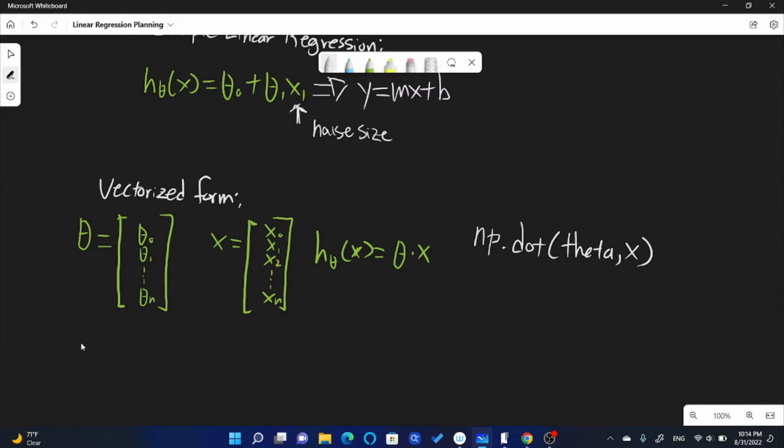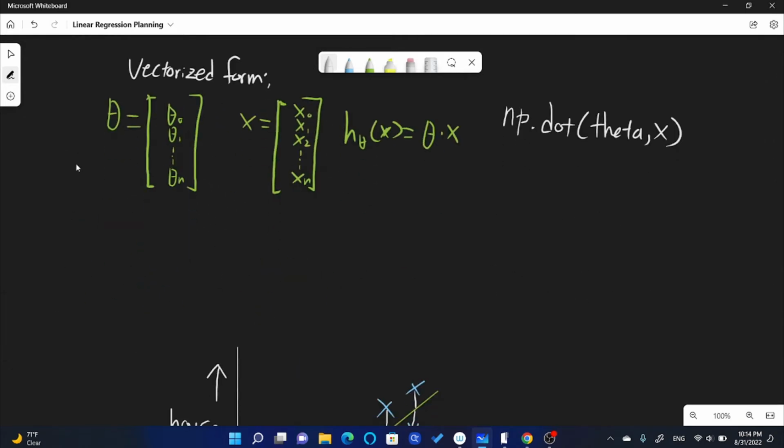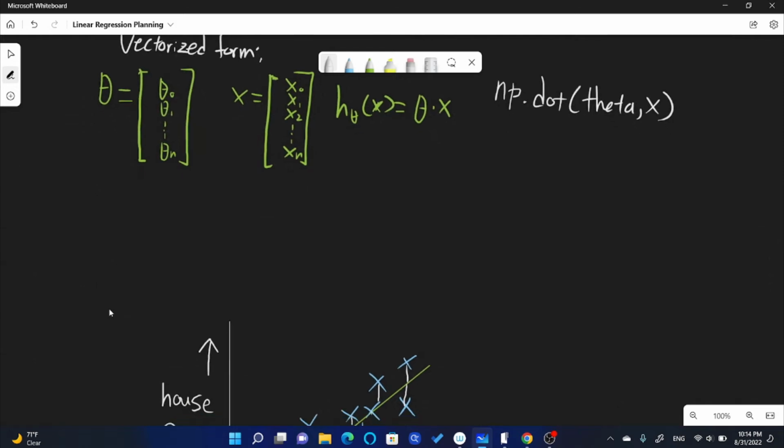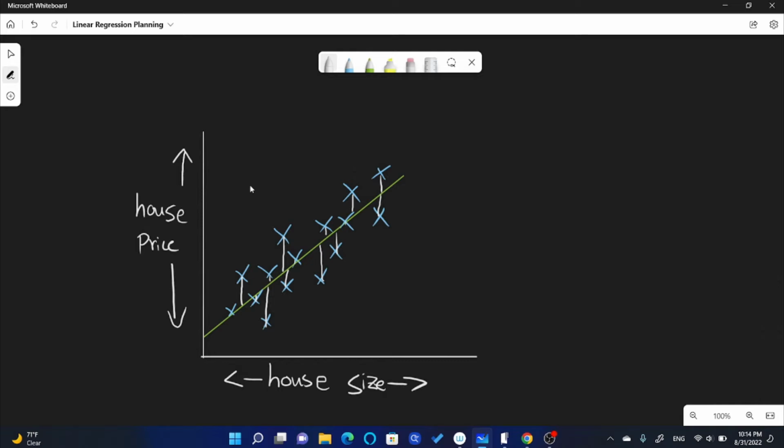And now let's move on to how we actually optimize our linear model, right? So, we have the same data, same scatter plot here, except you see that I added some white lines over here. So what are those lines? Well, those lines are called residuals. Let me write that down. Residuals.